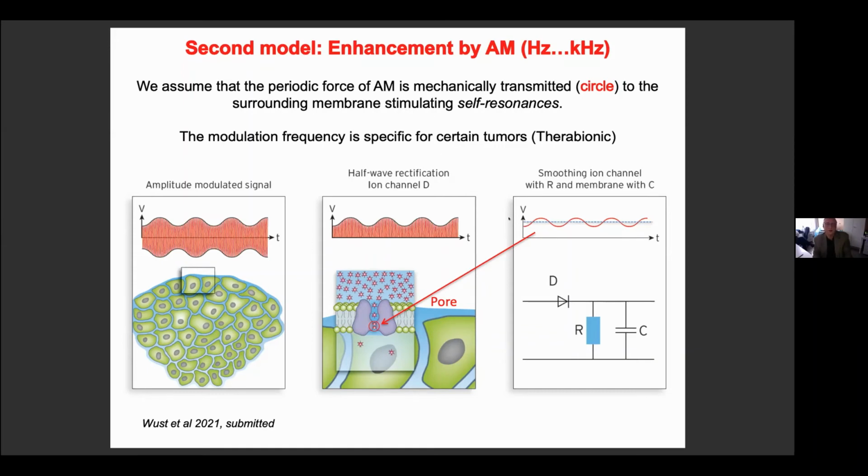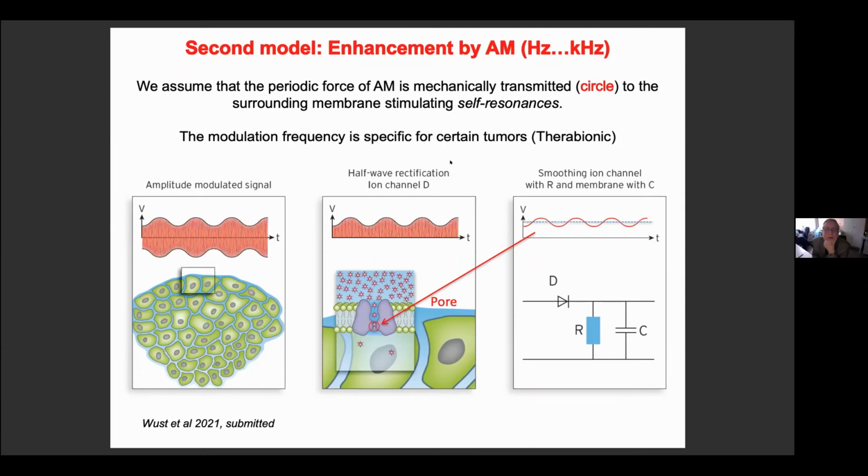And you see the modulation frequency is superposed to the DC voltage here, and it can be transmitted from the ion channel to the surrounding membrane. This is our assumption and our model.